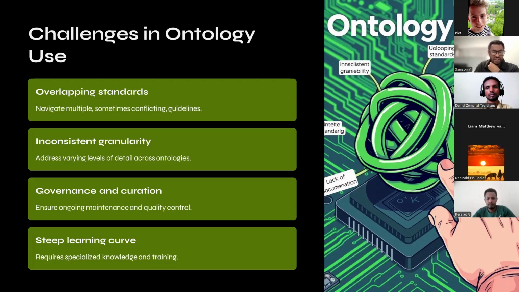The governance and curation of the different systems could also be an issue, and learning and understanding this whole process is also not an easy thing because you have lots of knowledge areas and lots of technical and non-technical things that you need to cover.